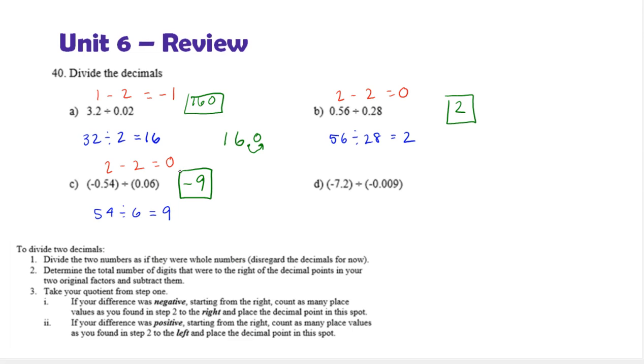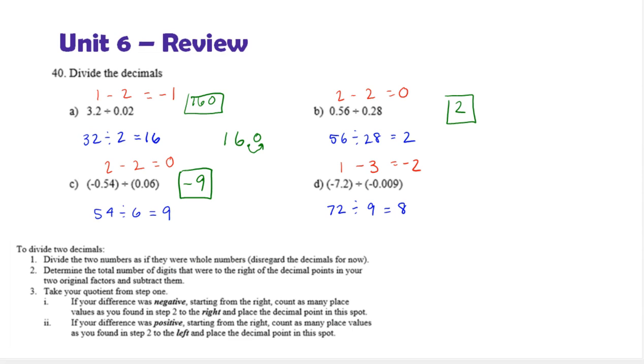Now we have one last problem. We'll think of this as 72 divided by 9. Well, 72 divided by 9 is 8. Now let's count the decimal places. This has 1. This has 1, 2, 3. So 1 minus 3 equals negative 2.